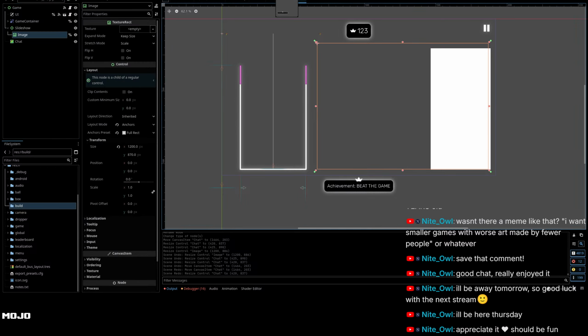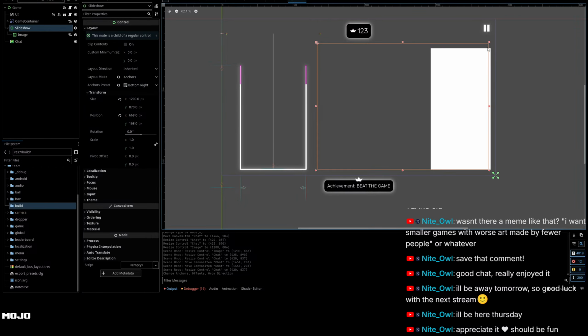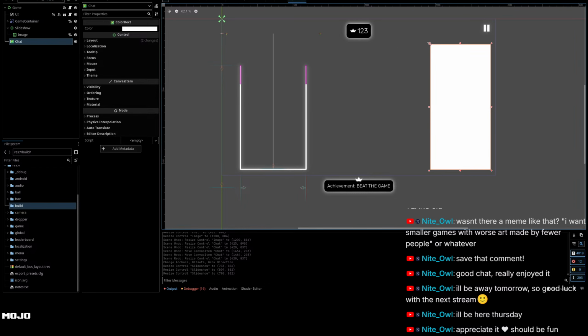Image, I want this to be full rect. Slideshow, I need to change the size of the slideshow. Just like this maybe. And then chat will be over here.